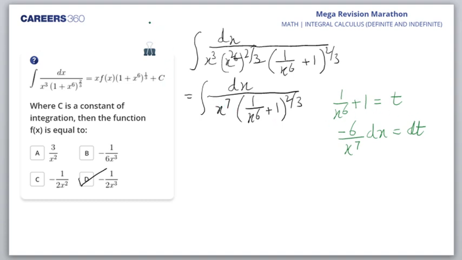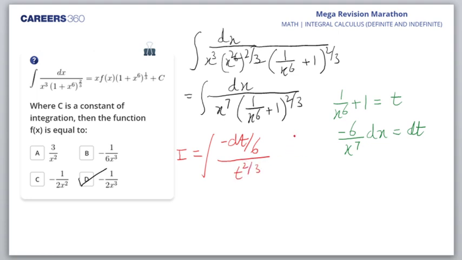So what happens to the integral? Now I start solving the integral. So we have I is equal to, now 1 upon x raised to power 7 dx, so I get minus dt by 6. And instead of 1 by x raised to power 6 plus 1, I place t, so I get t raised to power 2 by 3.